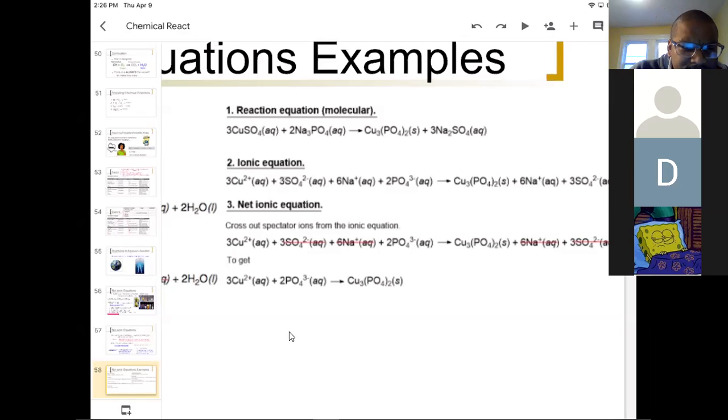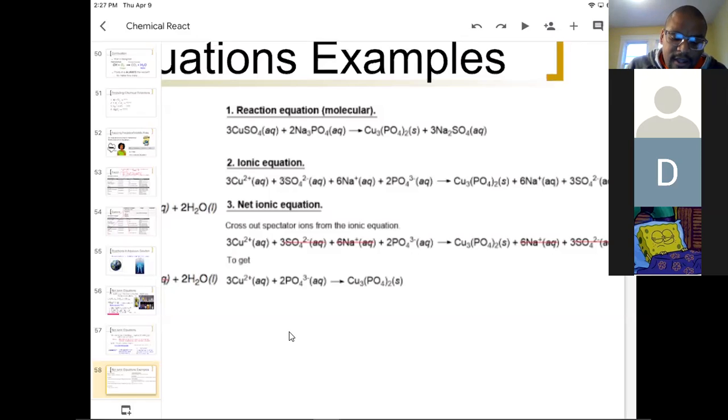As long as I have a copper that has a +2 charge at the beginning, I can choose any kind of copper, plus it has to be a phosphate that has a -3 charge. And so as long as I have a compound that has those two components, I can make this copper phosphate product, the solid one, assuming that's what I want.